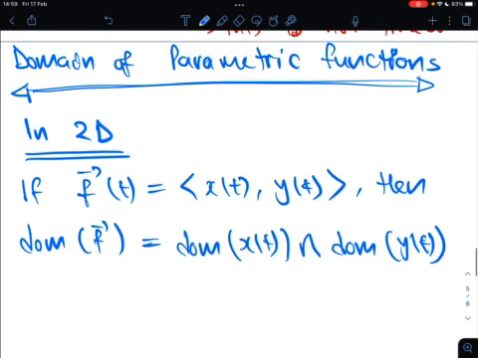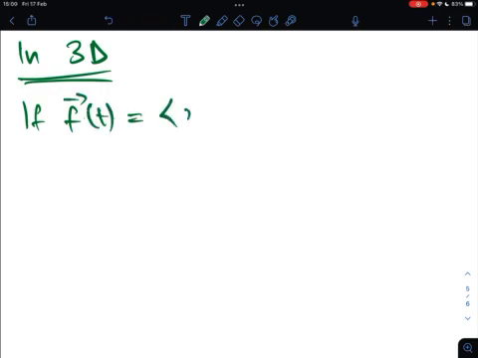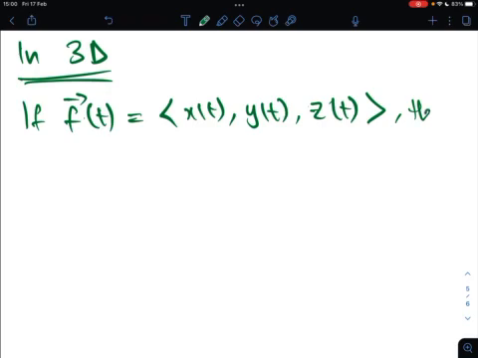This same thing also generalizes to 3 dimensions. Even if I move on to 3-dimensional space, we still have the same thing holding true. So in 3D, nothing changes. If we have our parameterized vector function f(t), which is x(t), y(t), z(t), then the domain of f is just the intersection of the individual domains.